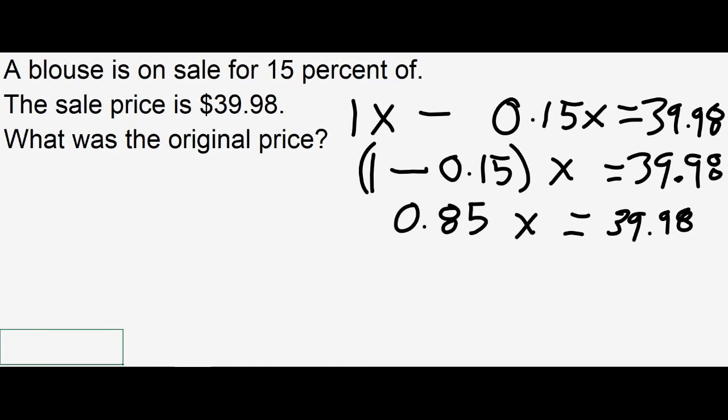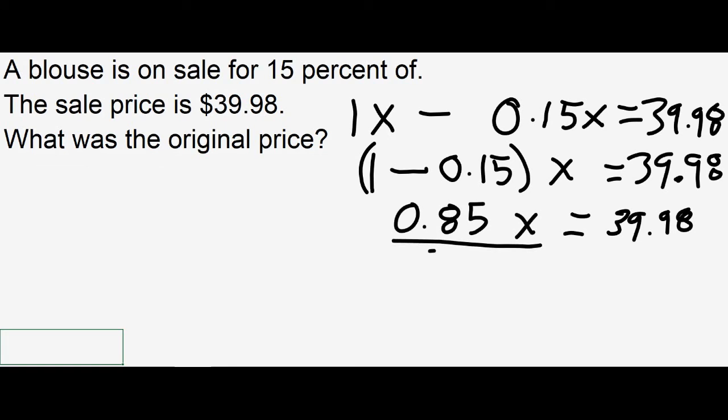In terms of the story, that's basically how the math works out. Instead of multiplying 0.15 times x and then subtracting from x, we really just multiplied 0.85 times x.